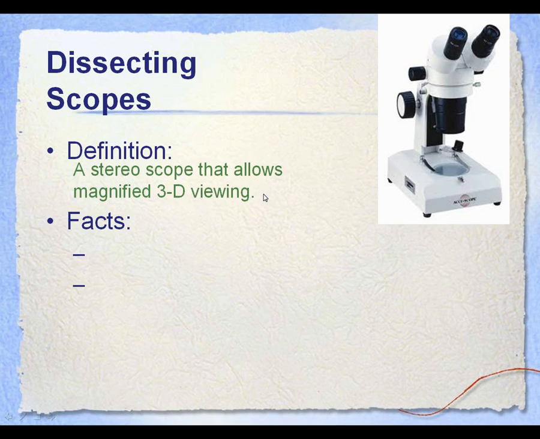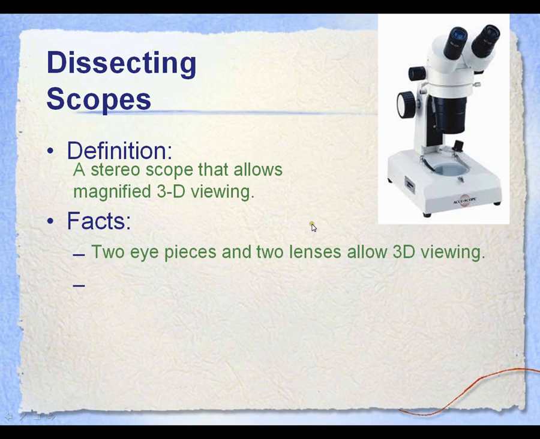Dissecting scopes. These are stereo, meaning they're in 3D because they have 2 eyepieces. Having 2 eyes is what enables you to see in 3D. So the eyepieces here enable you to see in 3D for whatever you put on the stage. The magnification is generally less than 100.